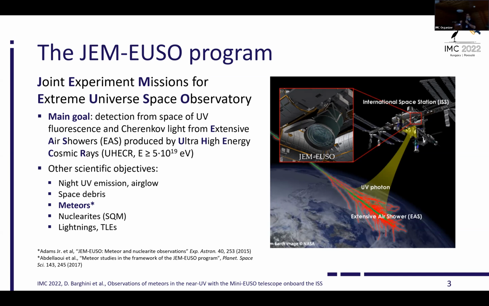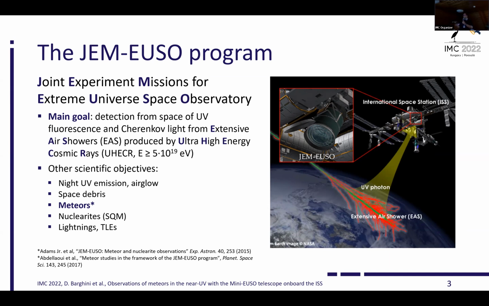This is interesting in astrophysics because ultra-high energy cosmic rays are not deviated by stellar magnetic fields, so they point straight to their sources. And so these are, in astrophysics, very intensive events.